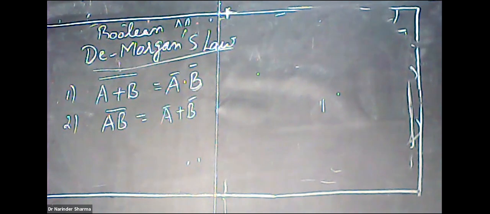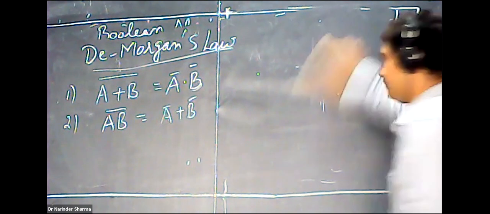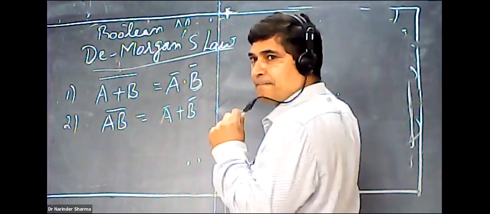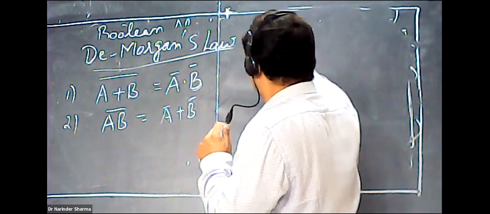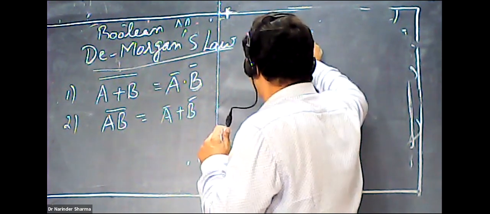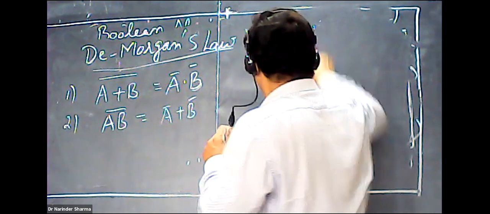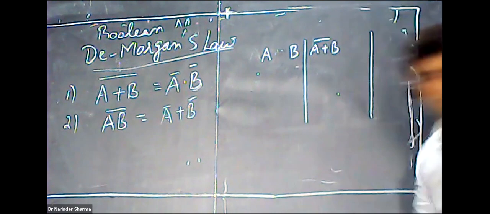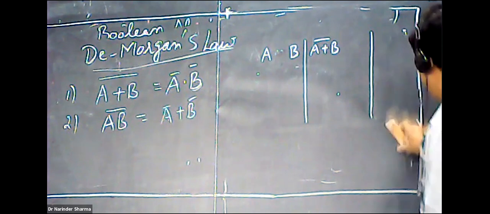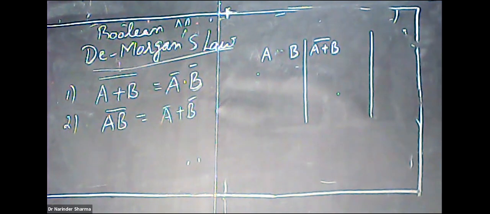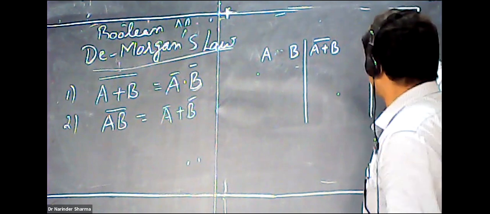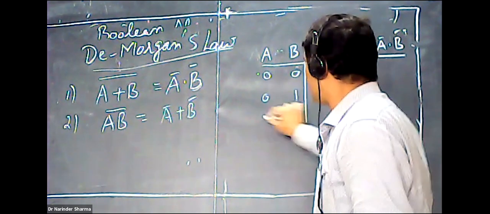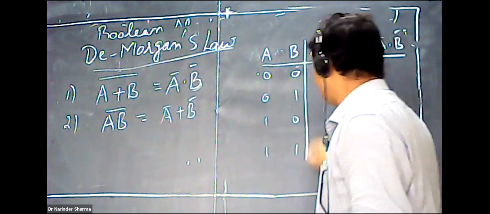We can prove it by using the truth table method. For the first law, A, B, A plus B bar. Next, towards the right hand side, it is A bar into B bar. So it would be 0, 0, 0, 1, 1, 0, 1, 1.